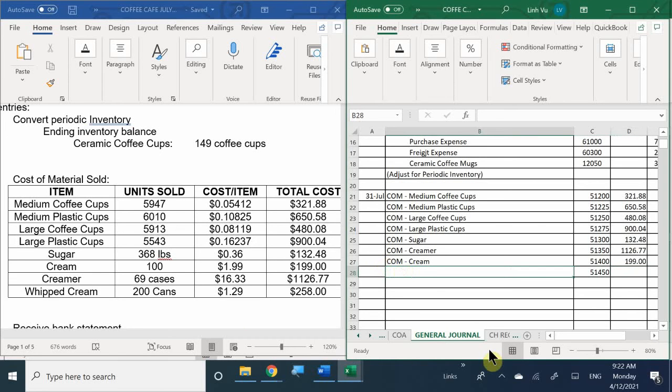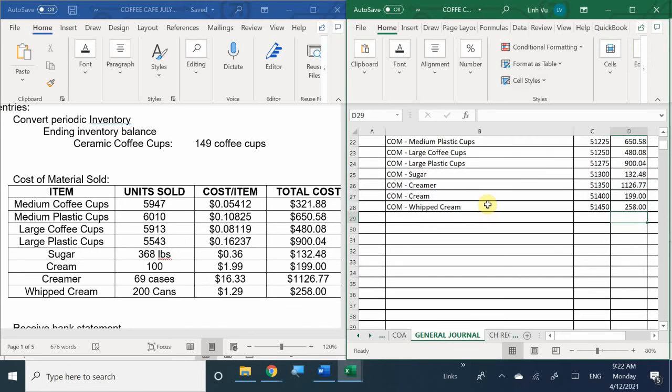And then here, what was my cost of materials for my whipped cream? Okay. Now, if I'm adjusting my cost of material, where am I directly taking it out from? If I used all these materials, where am I taking it out from?